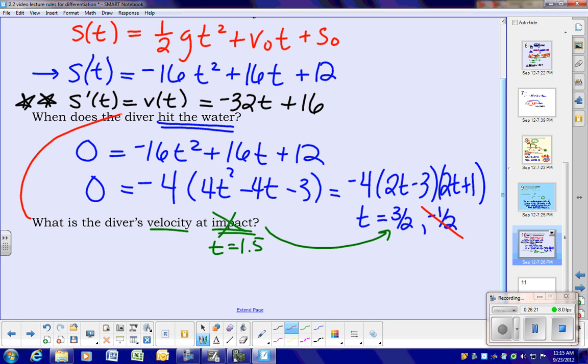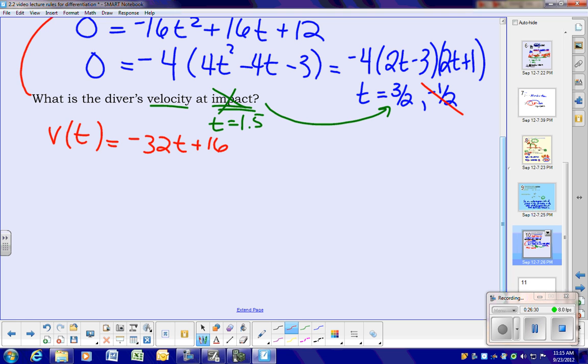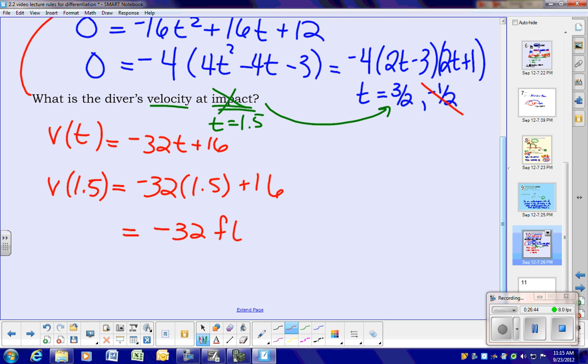I'm just going to copy it down: velocity equals -32t plus 16. So velocity at 1.5 is -32 times 1.5 plus 16, which, if I did my arithmetic right, is -32 feet per second. That's the diver's velocity when he or she hits the water.